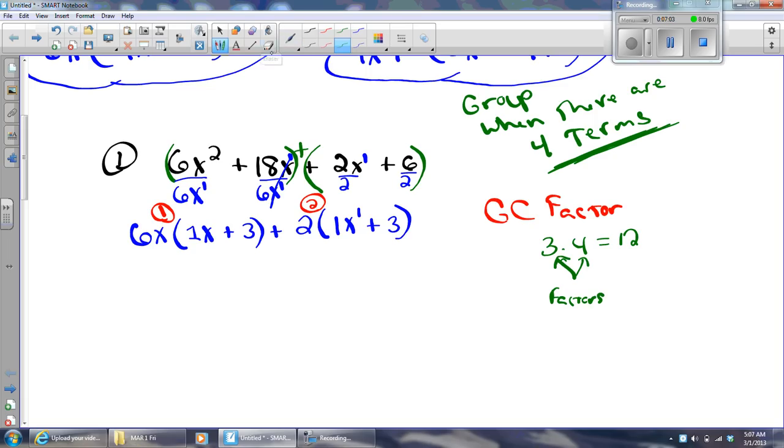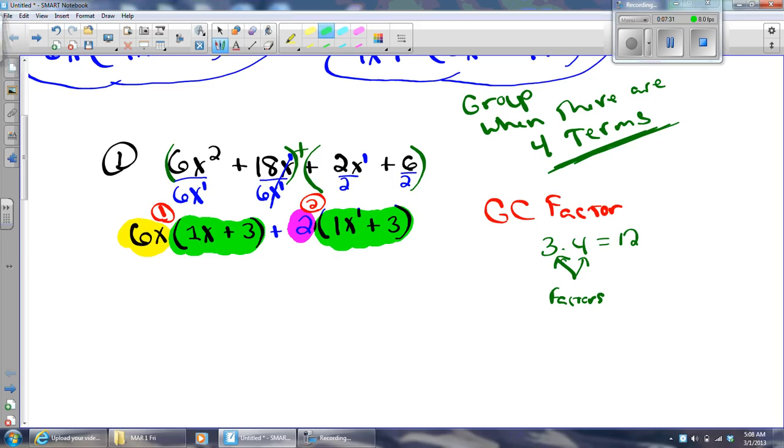Well, listen to this multiplication problem. I've got 6x times the quantity of 1x plus 3. Did you hear that? And then over here, I have 2 times the quantity of 1x plus 3.